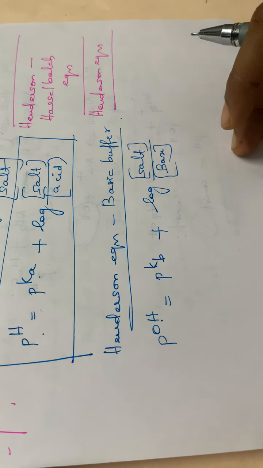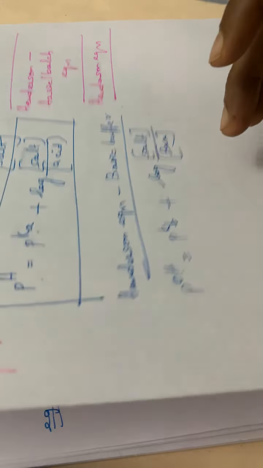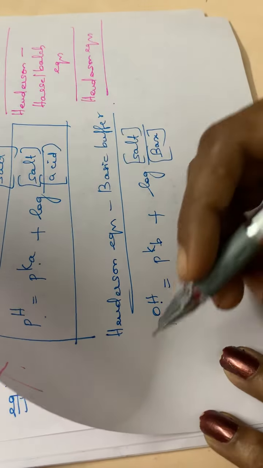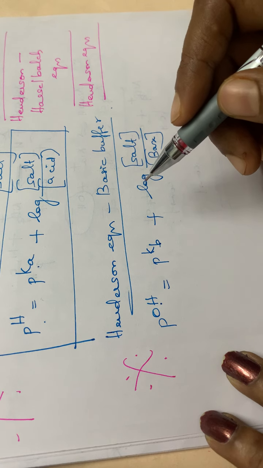Instead of pH we write pOH, and instead of pKa it will be pKb. So this is the Henderson equation for acidic and basic buffers. Both of these are important, and you have to do the worked out problems given in your textbook.